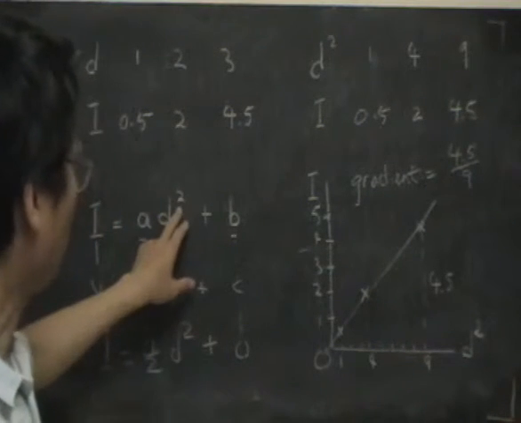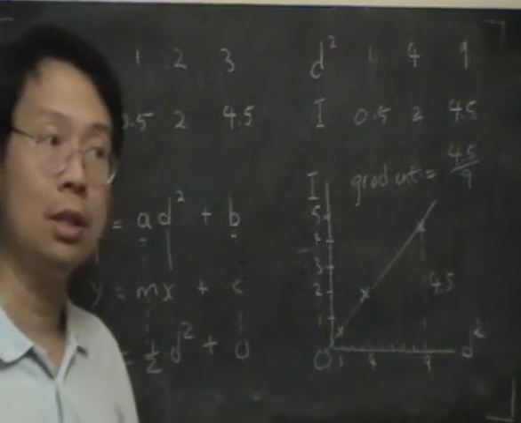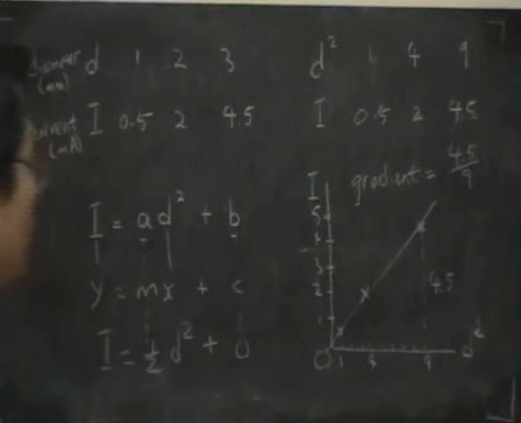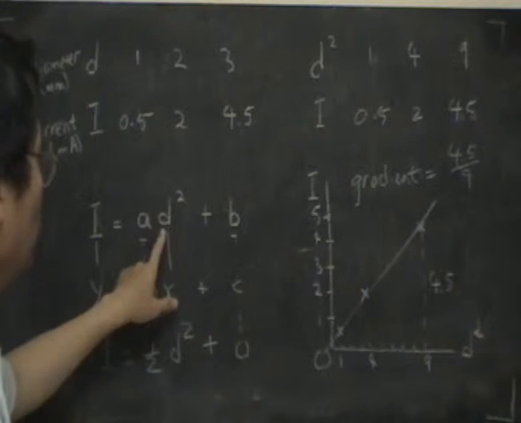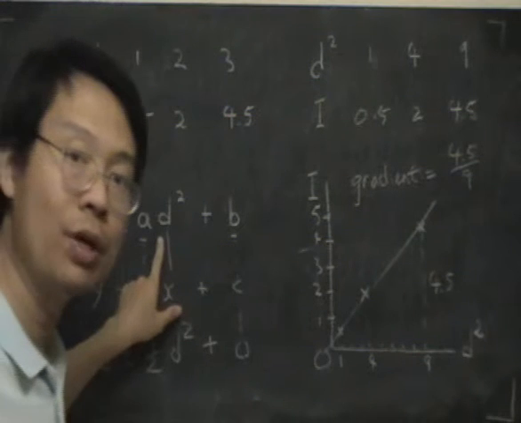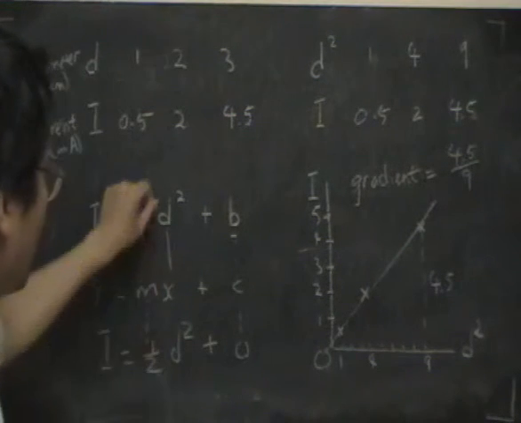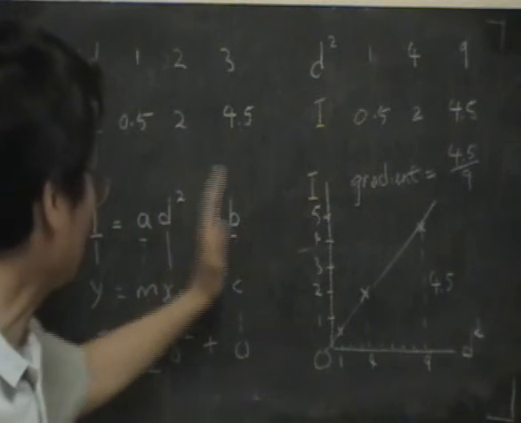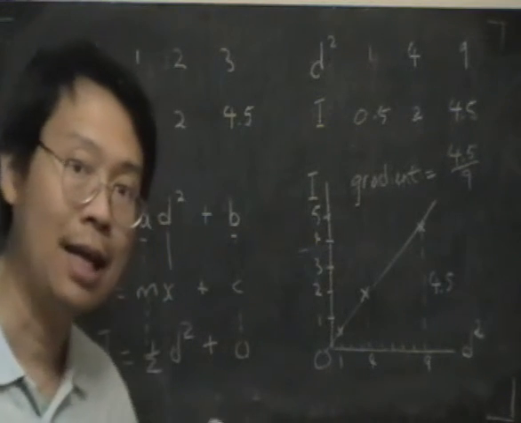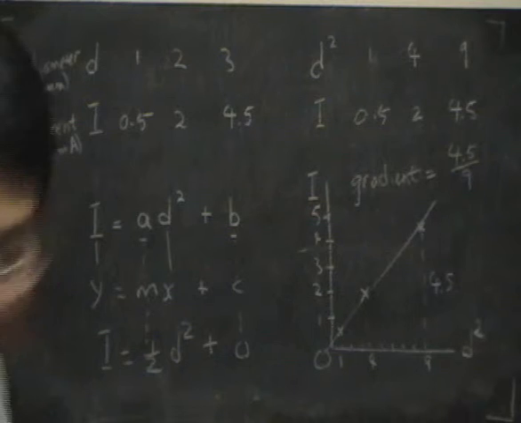It can be a square or a cube or even a square root. Okay, but be careful that we can only do it if we have two variables, where we can match with the x and y. If there are many of such variables, then it's too complicated.